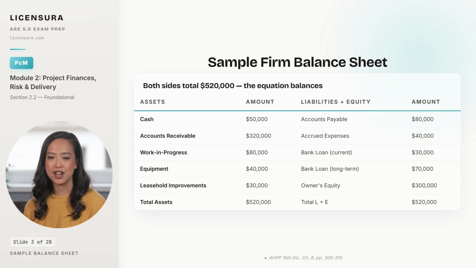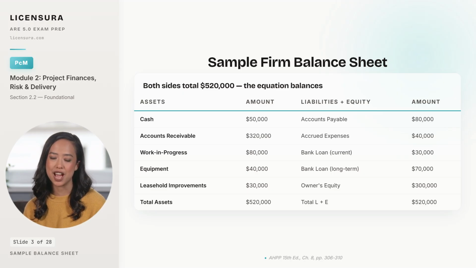The remaining $300,000 is owner's equity, the cumulative money the owners put in, plus profits they have retained. The firm looks healthy on paper, but its survival depends entirely on collecting that $320,000 in receivables and $80,000 in work in progress. One more thing before we move on.